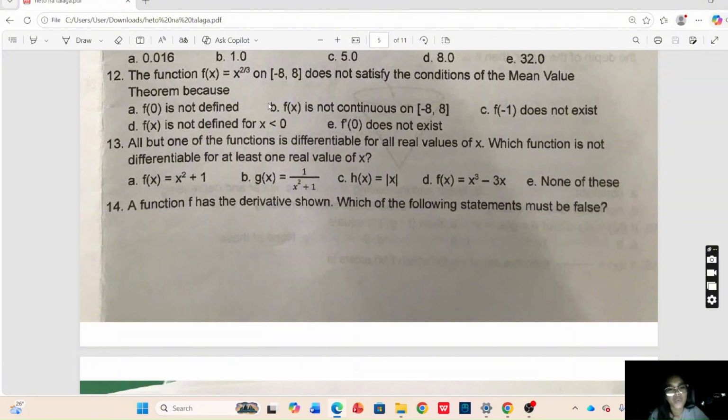So the function is continuous in the interval, but its derivative becomes undefined at 0 because it creates a vertical tangent. Since the function is not differentiable at 0, the theorem cannot be applied. So therefore, the correct answer is that the derivative at 0 does not exist. So that's it.